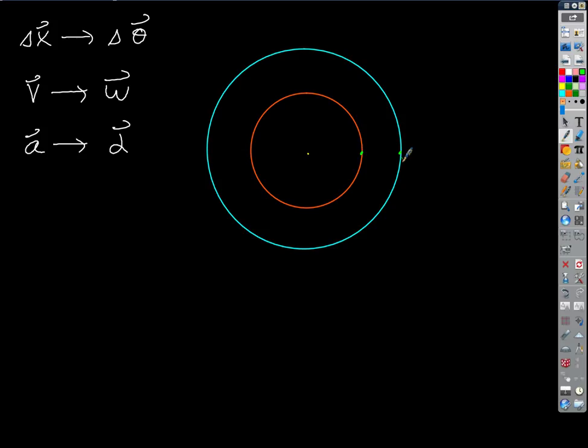Same distance. In Linear Land? Different, right? Let's say these are the inside and the outside of a washer-shaped merry-go-round, and there's a person sitting on the inside with a can of spray paint that's going to paint a line on the ground as it rotates around.